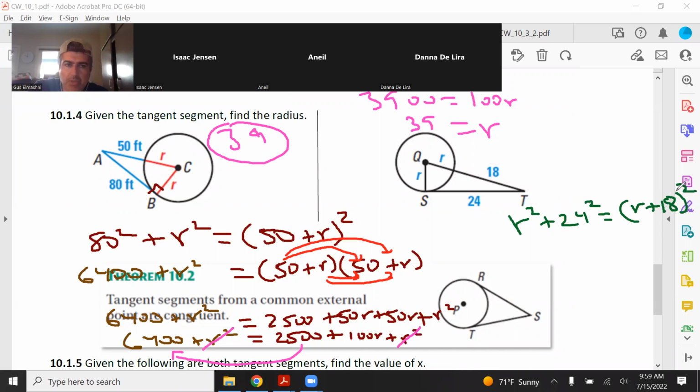So just basically emulate what I did in brown over here. I'll give you guys a couple minutes to figure that one out and tell me what you got.